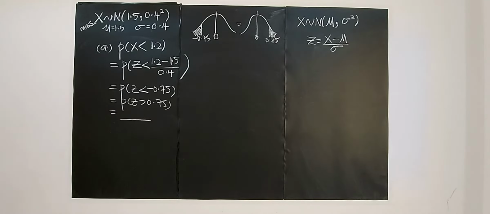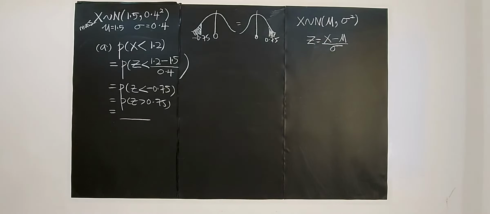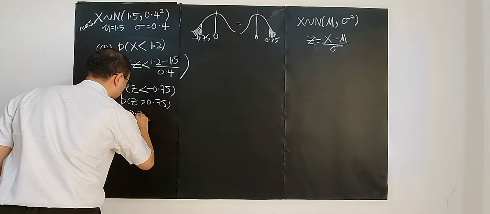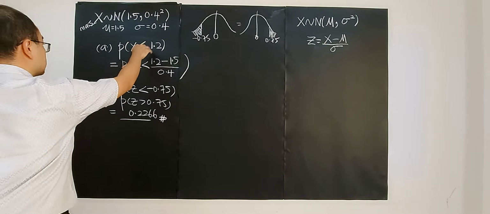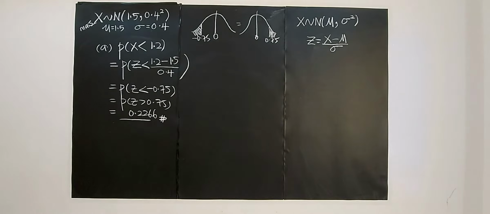You can find 0.75 in the statistical table, Table 3. It's this value here, 0.2266. This is the probability that the mass of the chicken is less than 1.2 kg. As simple as that.